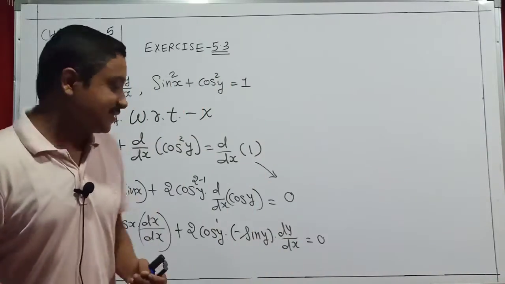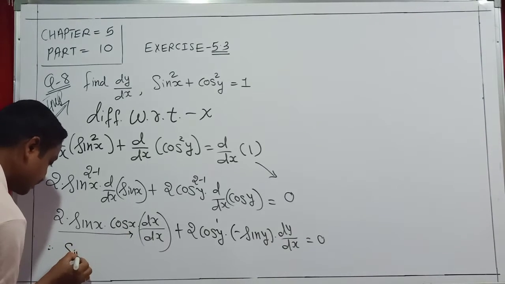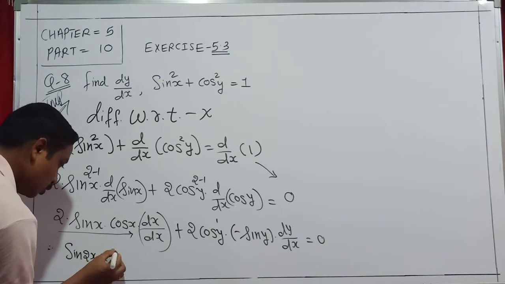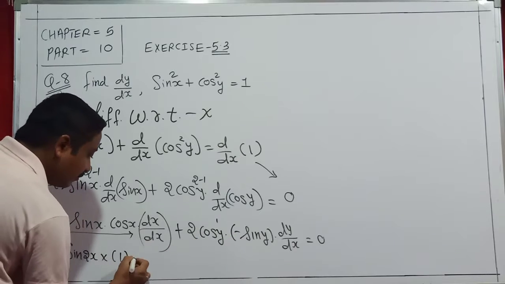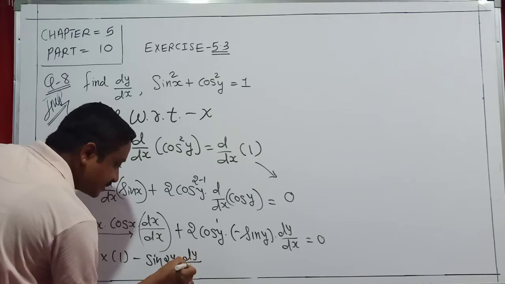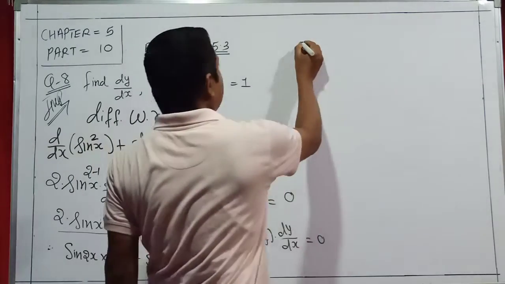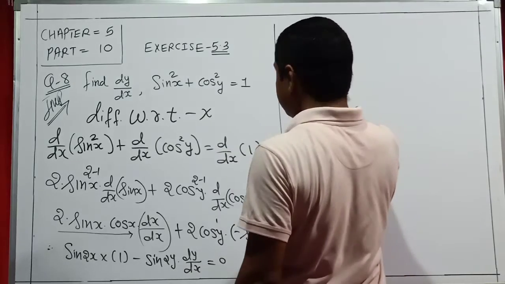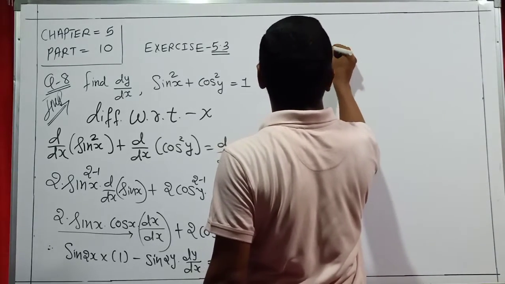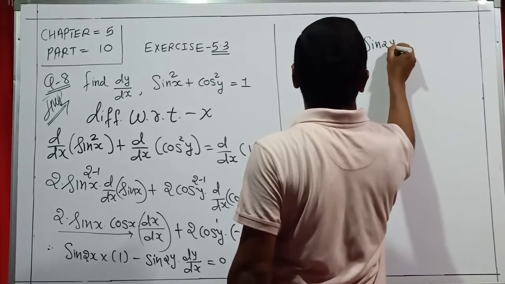Now students, here dy by dx is the same, and this is a known formula. Which formula is this? It is sin 2x into 1. Same here, minus sin 2y dy by dx is equal to 0. So finally I get sin 2x is equal to sin 2y dy by dx.